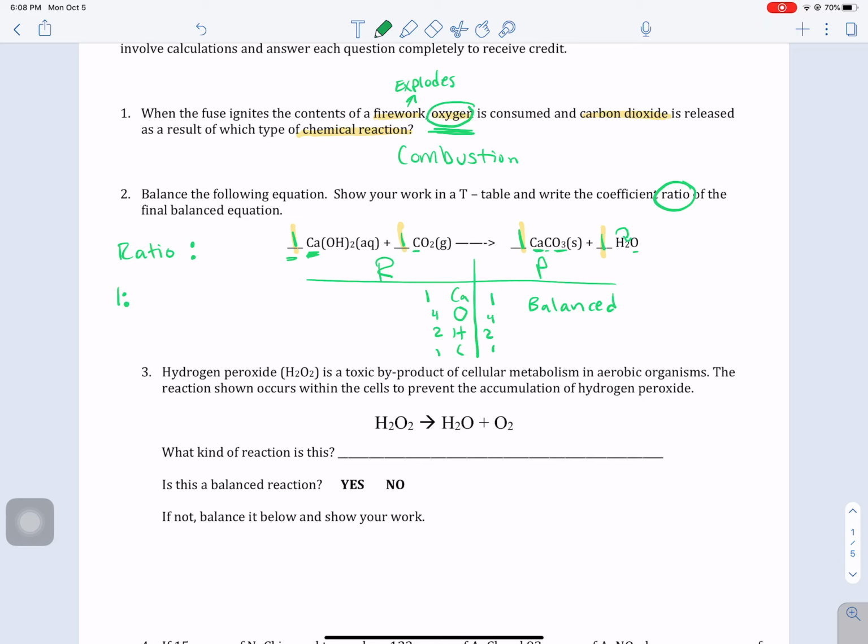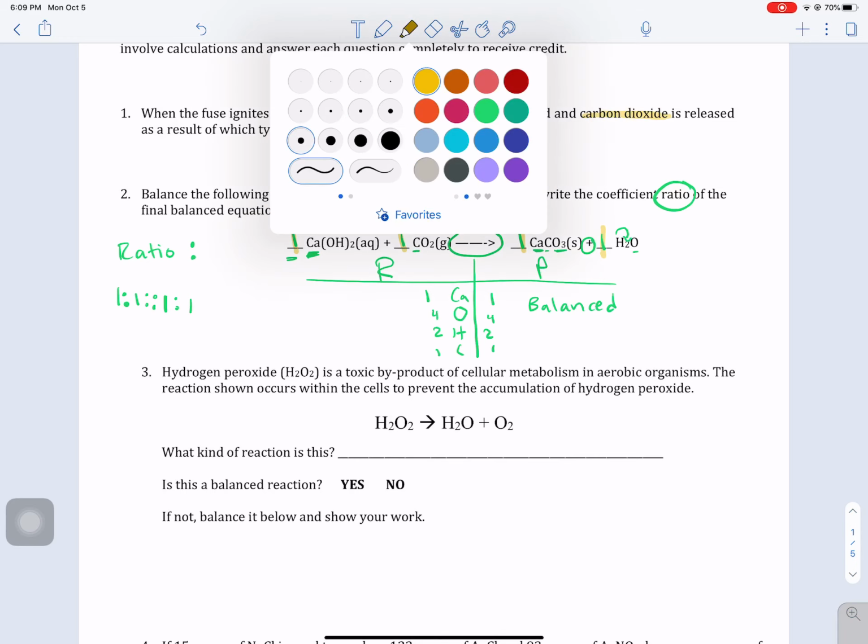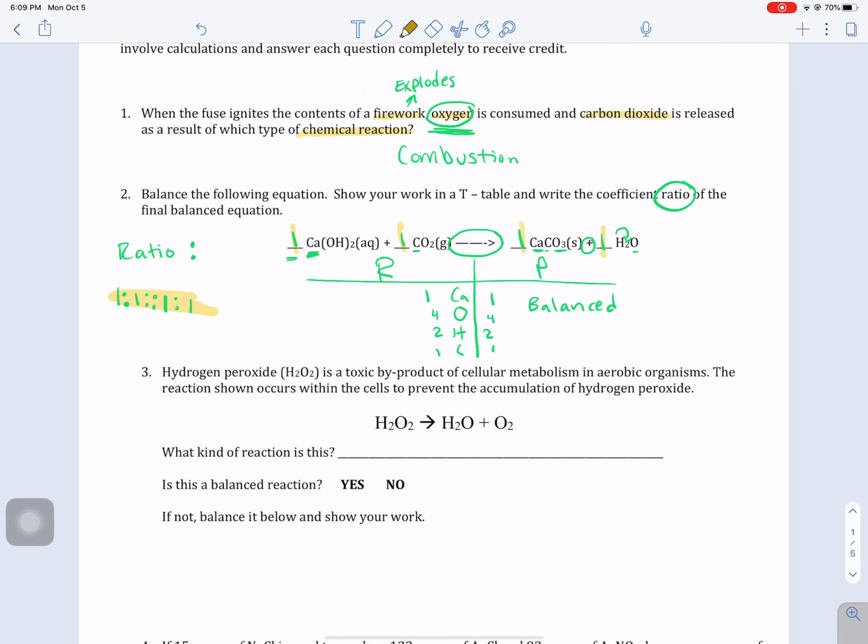So the plus sign is a colon, and then we have 1. If you have an arrow, you're going to have 2 colons, and then go to the next one. If you see a plus sign, that's a colon, and then 1. So your ratio is this right here. It's a 1 to 1 to 1 ratio.